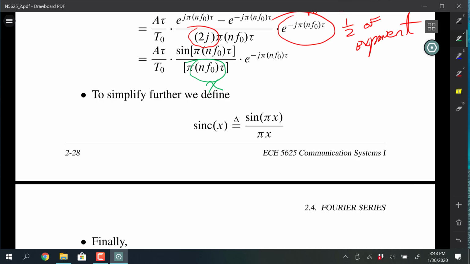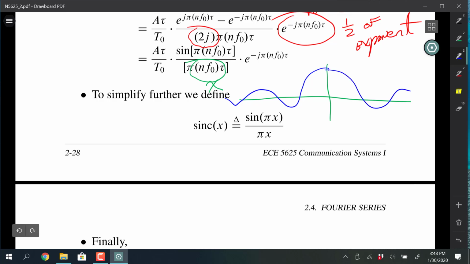So that's one big property. The second big property is that the sinc function has periodic zeros in it. So it goes through 0 at periods of the argument.